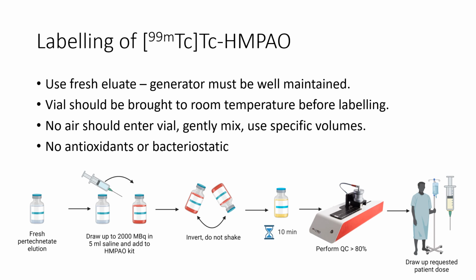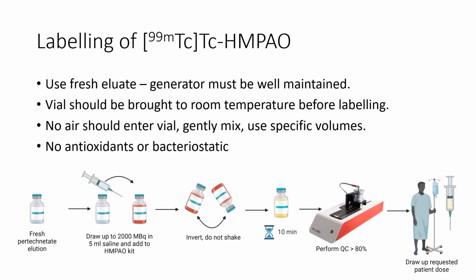There is very little stannous chloride in this kit, because too much also influences the labeling, so it's a very precise kit. So you have to have technetium-99m in a large quantity. You would preferably label on the second day of the week and also with the second eluate of the day.